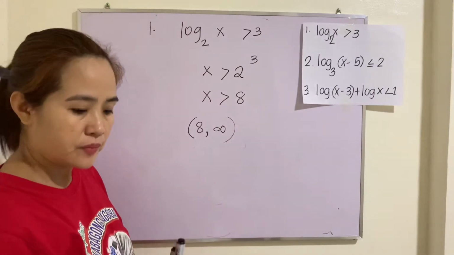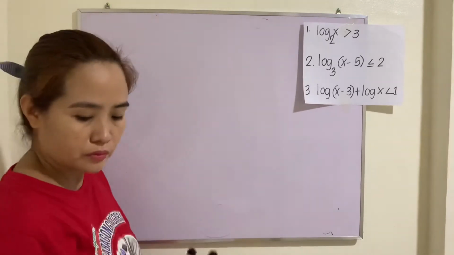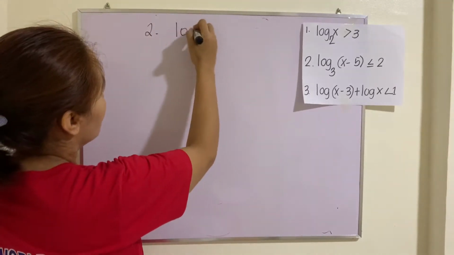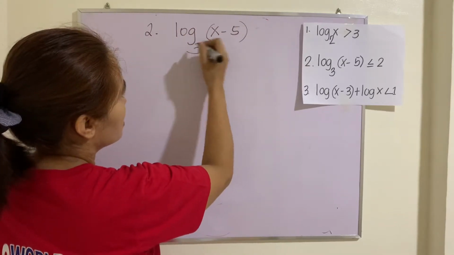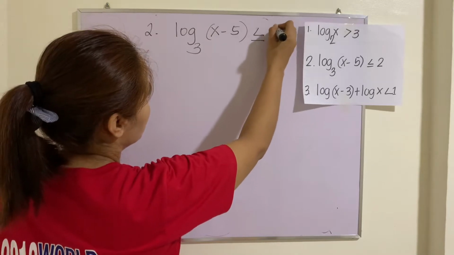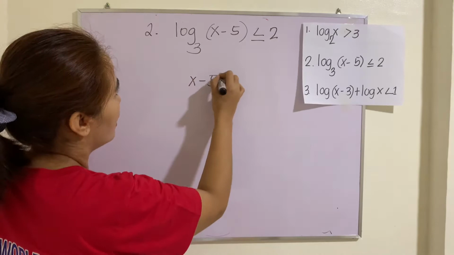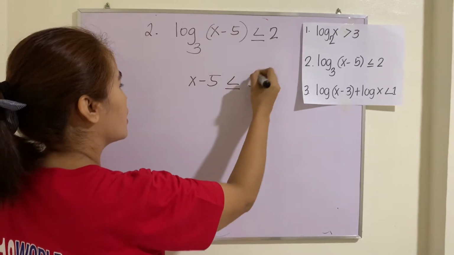Okay. Example number 2. You have log of x minus 5 to the base 3 is less than or equal to 2. Okay? So this one is x minus 5 is less than or equal to 3 squared.